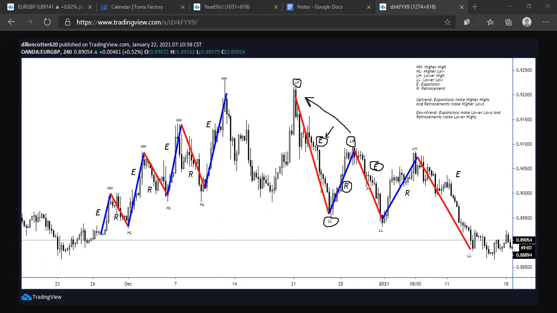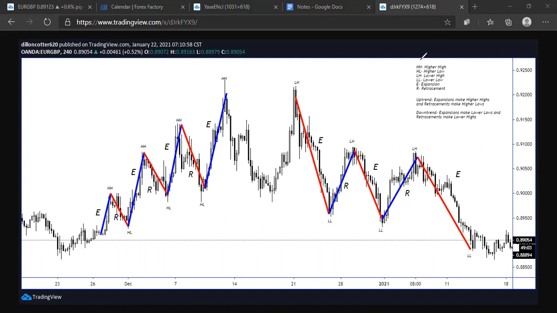And then we get an expansion to the downside, breaking this structure to the left. You can see this candle right here closed lower than this area here, giving us a lower low. We have that retracement back up, giving us a lower high. Once again, why is it a lower high? Because it is lower than this previous high.